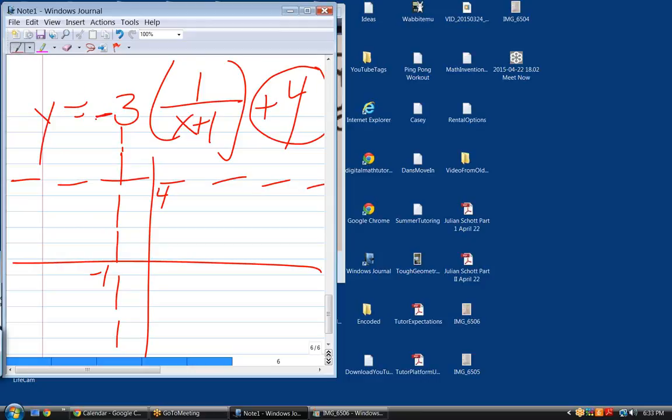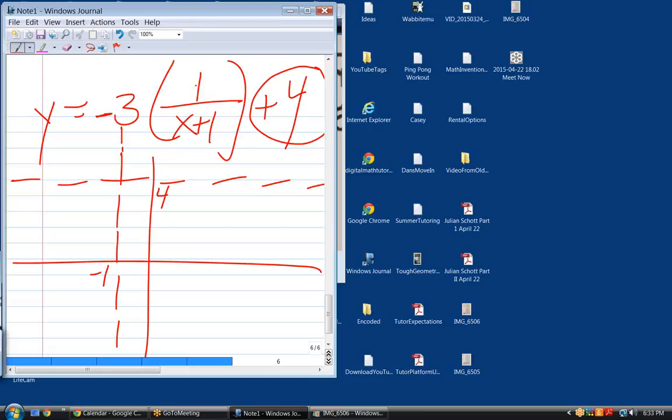You set x to 0. It doesn't have to be 0, it can be any number you want, but 0 is okay because it makes the arithmetic easy. When x is 0, what is y? Plug in 0 for x.